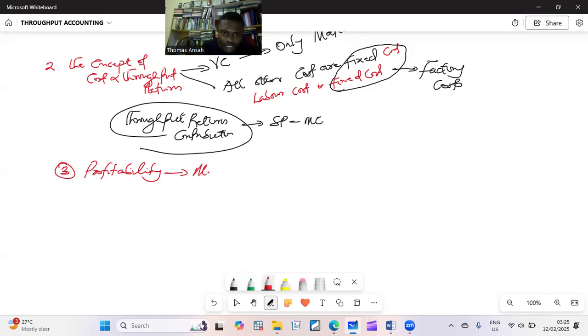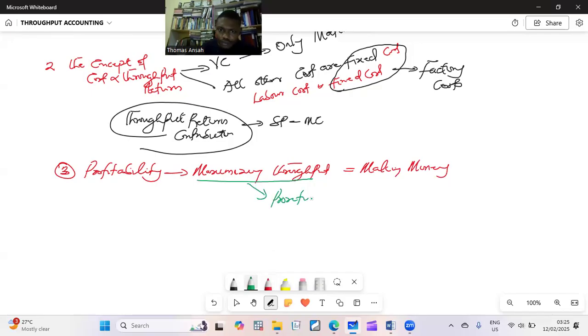So maximizing throughput is equal to making money. And so therefore, ensure that you maximize throughput by prioritizing. Take note of that, because this is what we are going to use to deal with the mathematical analysis.